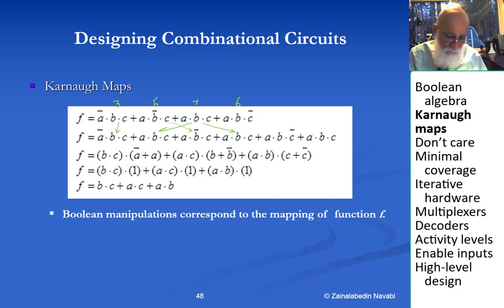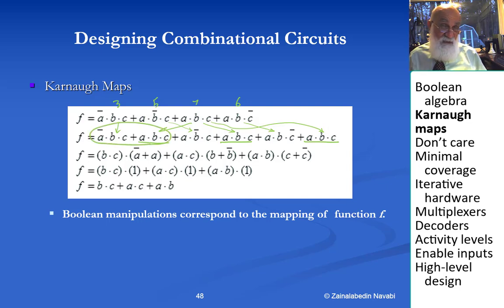ABC bar I would keep here. I would repeat ABC one more time. Okay. So here ABC is repeated 3 times. Once it's put next to ABC bar, once it's put next to AB bar C, once it's put next to A bar B C.